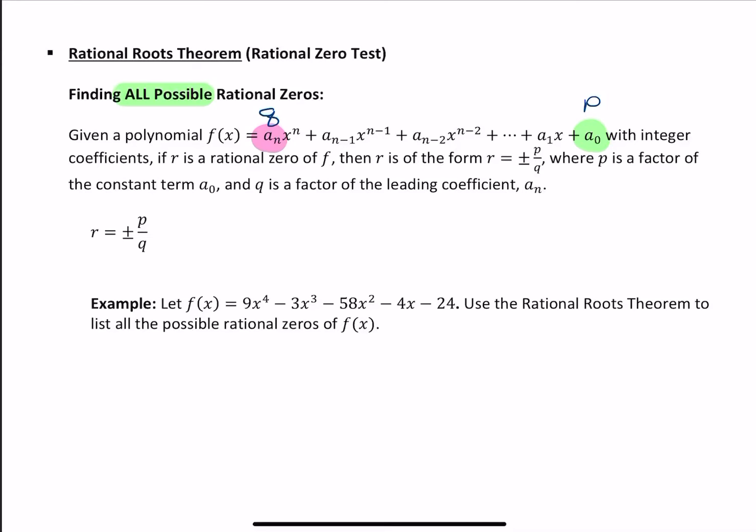So it's not just P divided by Q, it's the factors of both P over Q, and it's the positive or negative possibilities.